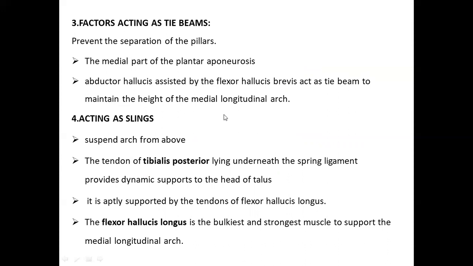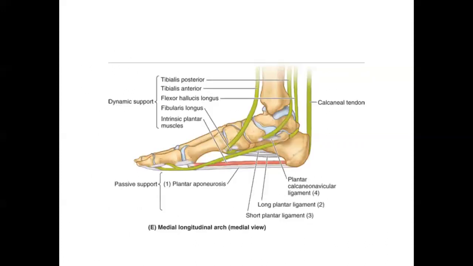Then we have slings. What is the function of these slings? The slings suspend the arch from above. The tendon of tibialis posterior, lying underneath the spring ligament, provides dynamic support to the head of the talus.